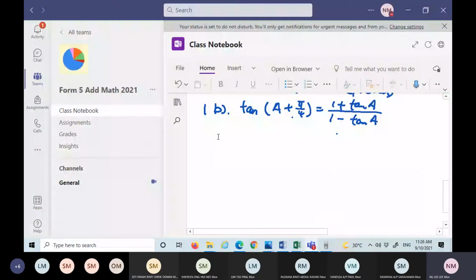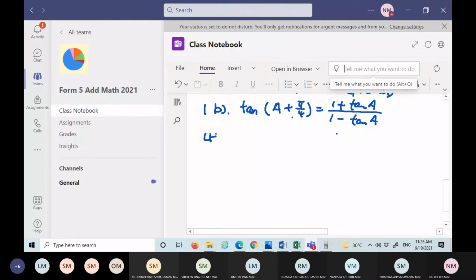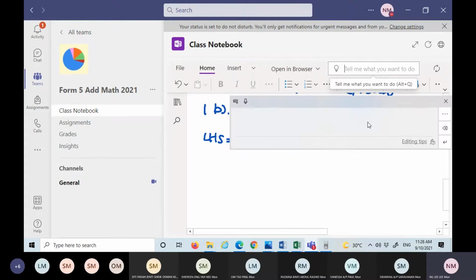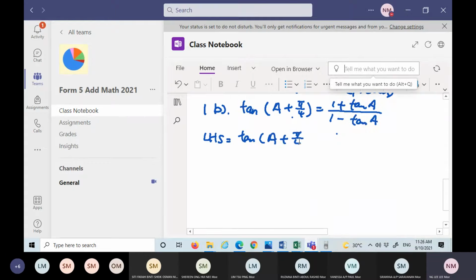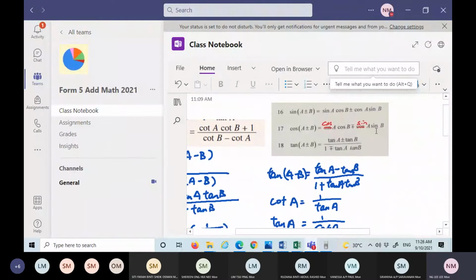So I will start from the left hand side, which is tangent A plus pi over 4. Now I drag the formula just now. Cannot drag. Never mind.